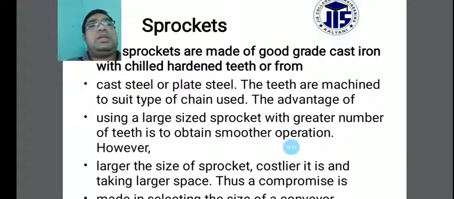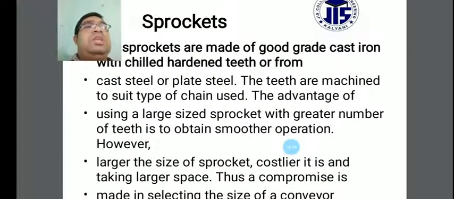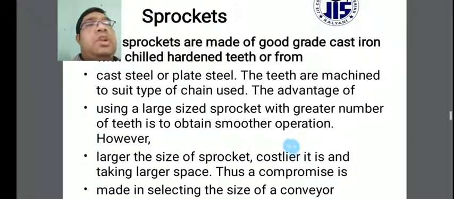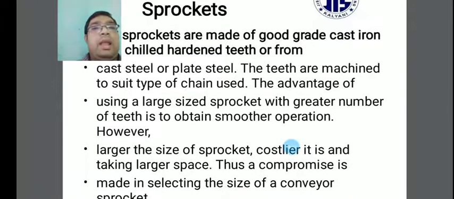Sometimes, with a smaller number of teeth and a smaller sprocket, you have difficulties in the transfer of material. So you use the larger size sprocket with a greater number of teeth, the number of teeth increases, and smoother operation is obtained. However, the larger the size of the sprocket, the costlier it is, and it takes larger space.